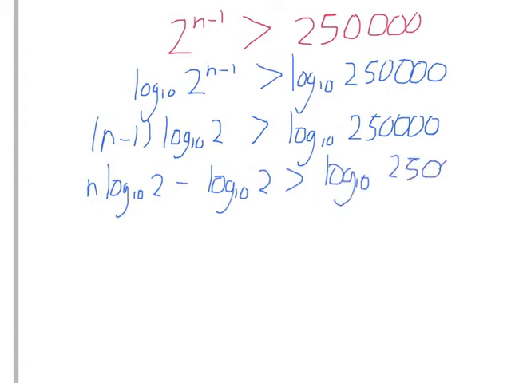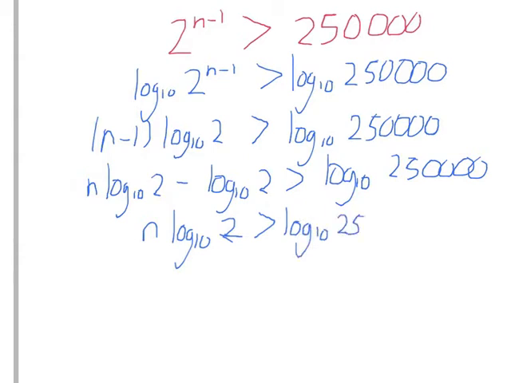Now, we want to be in a situation to solve this where we've got n on its own. So we're going to add this to both sides. So we're going to be left with just n times log to the base 10 of 2 is greater than this, plus what we brought across.